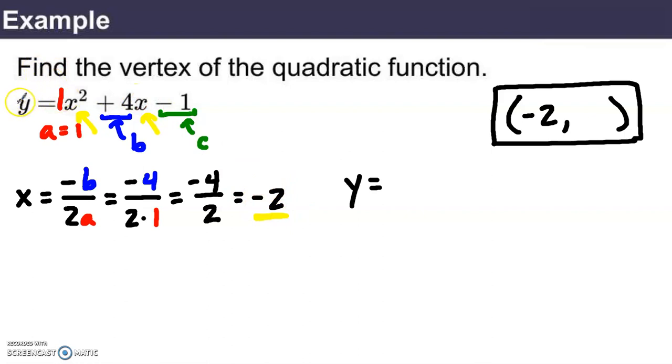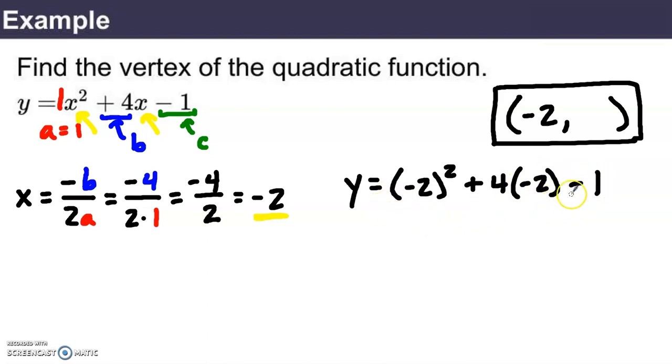So y equals negative 2 squared. I cannot emphasize enough how important it is to make sure that you get all of your x value squared. If that x is negative, make sure that it is in parentheses. Negative 2 squared, plus 4 times negative 2, minus 1.